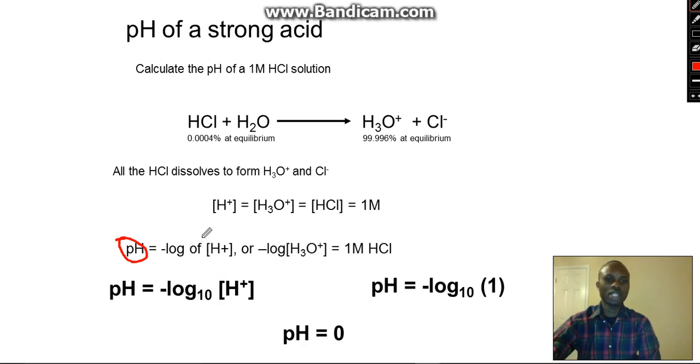So just take note that the hydrogen ion here and the hydronium ion are the same ion. Actually, in water, hydrogen ion is present as the hydronium ion because hydrogen ion has what we call higher charge density, as we discussed in class.